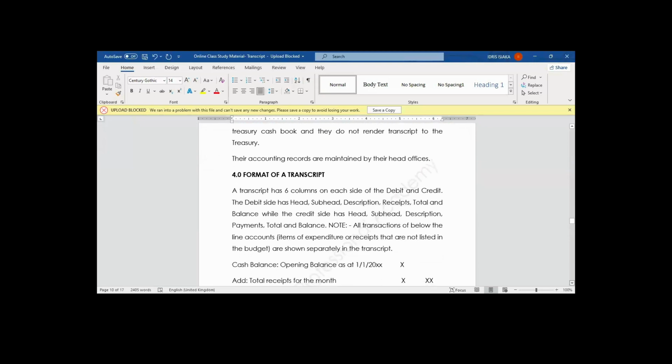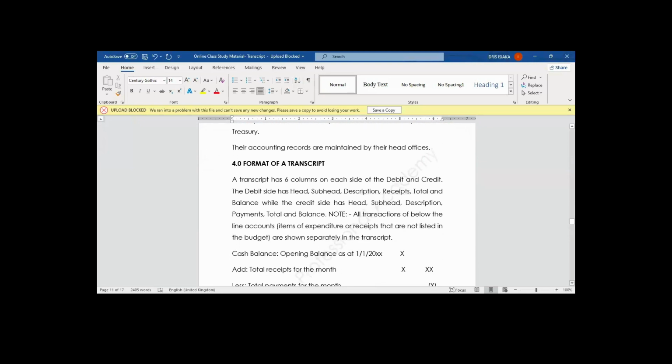Now, let's go to how we prepare transcripts. If you want to prepare a transcript, we will have revenue and expenditure, or receipt and payment. For the receipt side, all the money that we receive will be posted there, while for the expenditure side, all the money that we spend will be posted there.